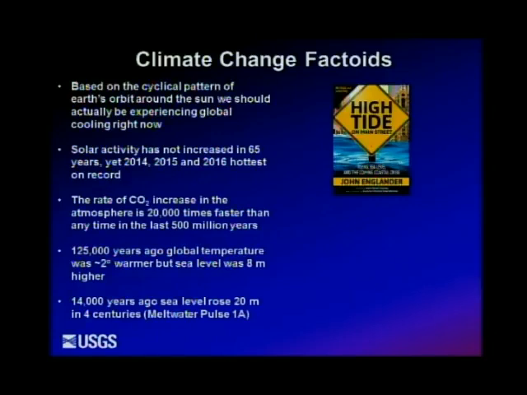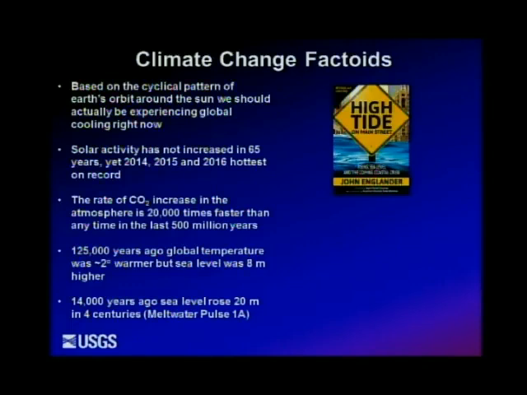So often we hear this argument that there are natural variations in the climate, and so we could be warming or cooling. It's based on much larger scale cycles than just what humans can influence. However, based on these so-called Milankovitch cycles, which you may remember from Geo 101 or Climate Change 101, which is based on the variability in the Earth's orbit around the sun, we should actually be cooling right now.